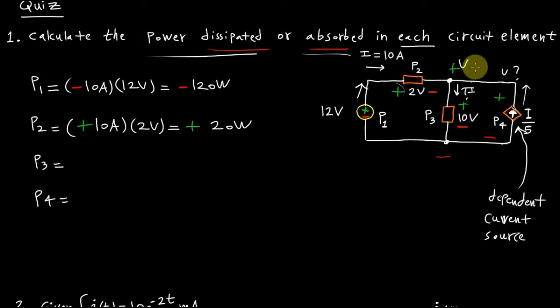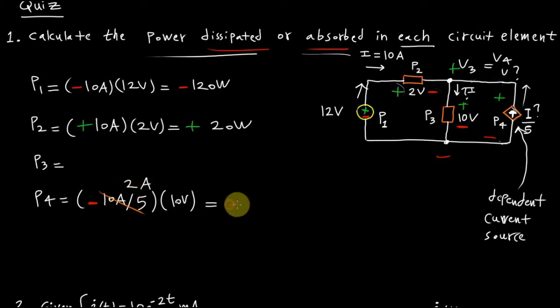So V3 equals V4. Now we have to find the current through the dependent current source, which is I over 5. Since it goes from negative to positive, we have negative 10 amps over 5 multiplied by 10 volts, which is negative 2 amps times 10, which is negative 20 watts.